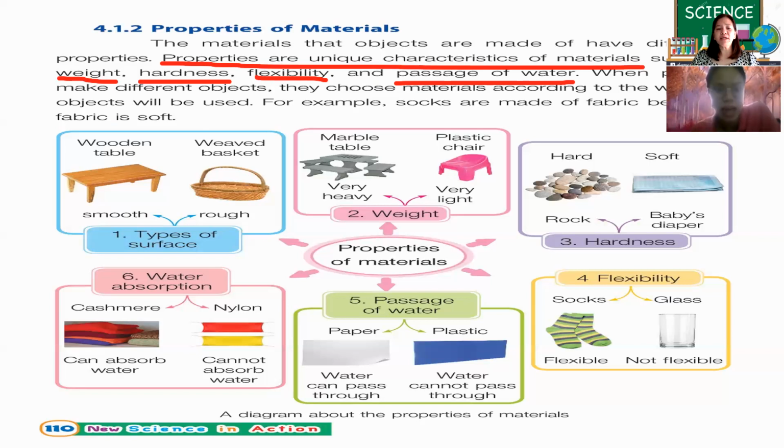When people make different objects, they choose materials according to the way the object will be used. For example, socks are made of fabric because fabric is soft. Another example is our clothes.